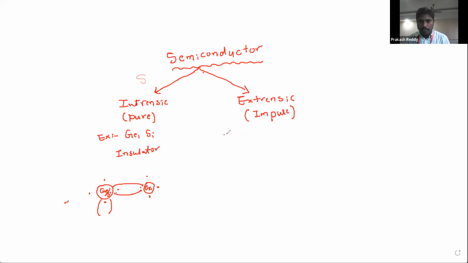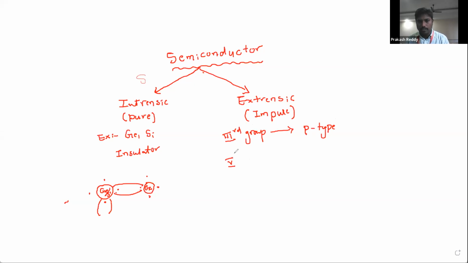When we dope it with third group elements, the majority charge carriers are the holes, so we name it a p-type semiconductor.